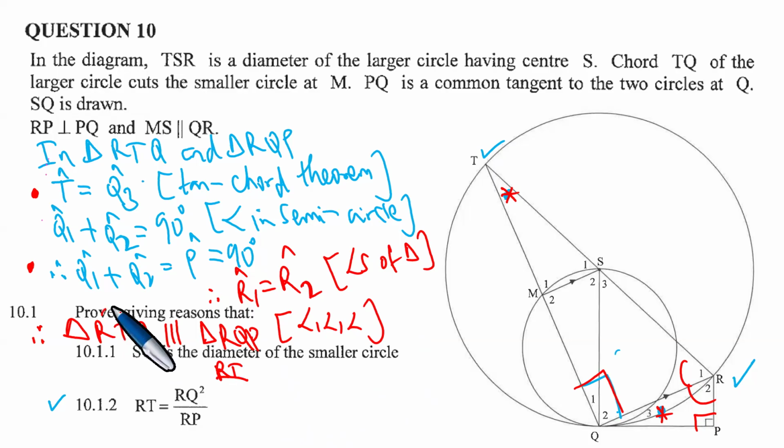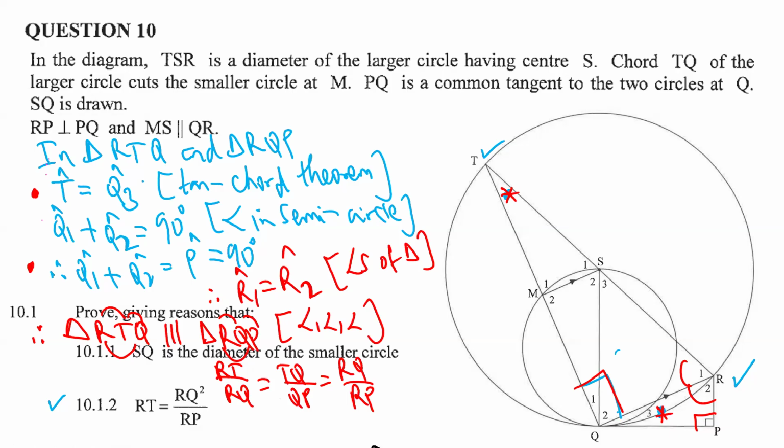And therefore, we can then see that RT over RQ is equal to TQ over QP, equal to RQ over RP. So now we have written these proportions.